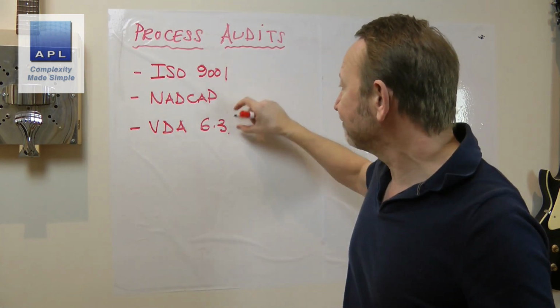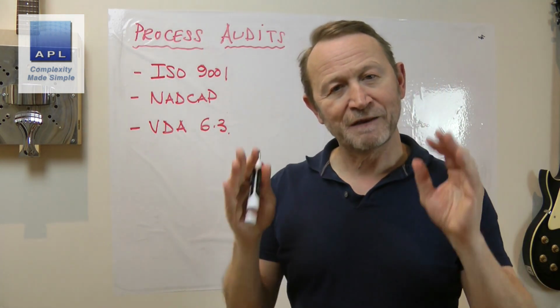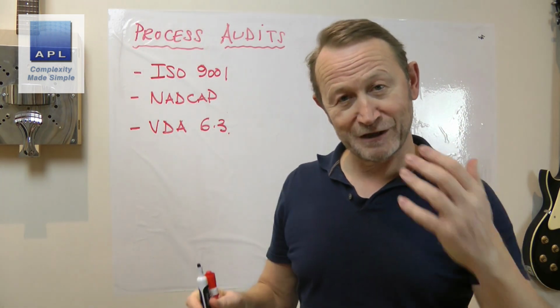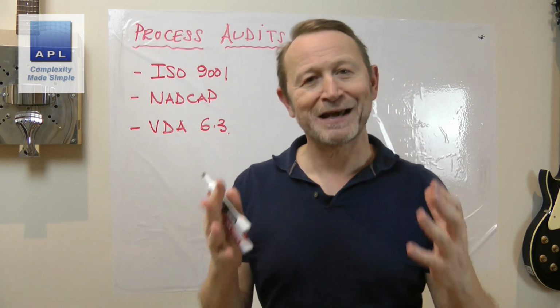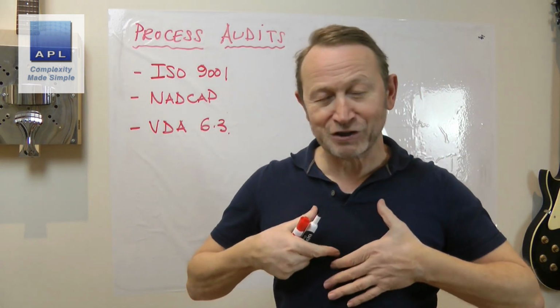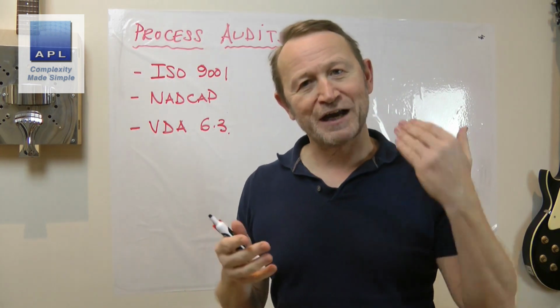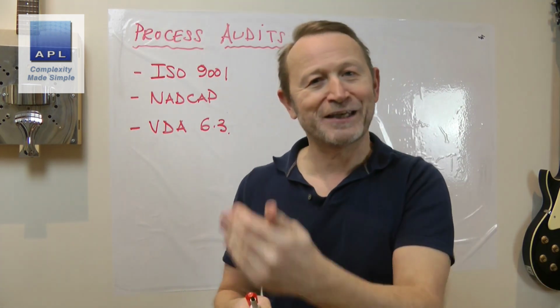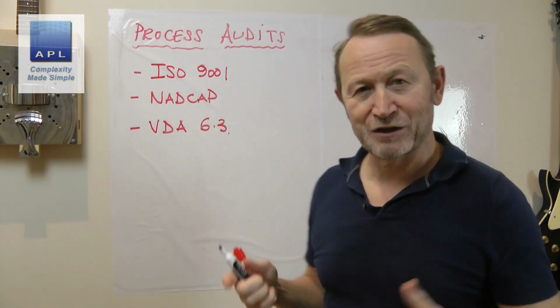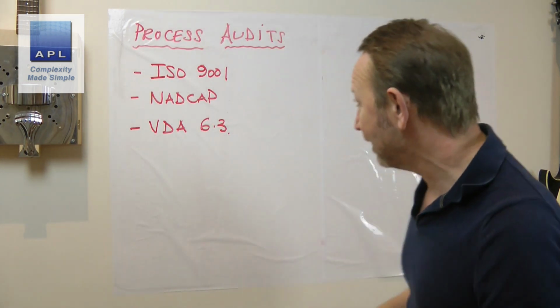Because by the way, that's what these are supposed to do. They're supposed to provide process control. They're supposed to help you make more money. They are not a prize or a badge to be won. They are a technique for making more money if you use them correctly and if you get your process audits to be world class.